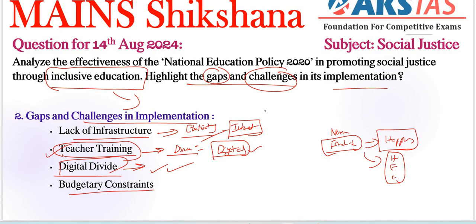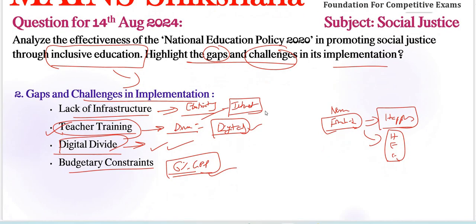When compared to India as a developing country, here education sector or health budget is very, very less compared to them, right? That is very, very important here. Education sector's budget allocation remains lower than the recommended 6% GDP. Very, very important step. We need to give some data here regarding budgetary constraints also, right?